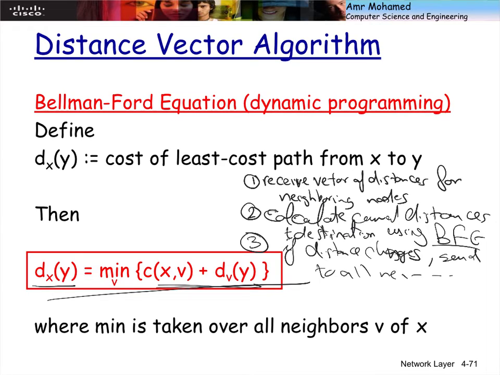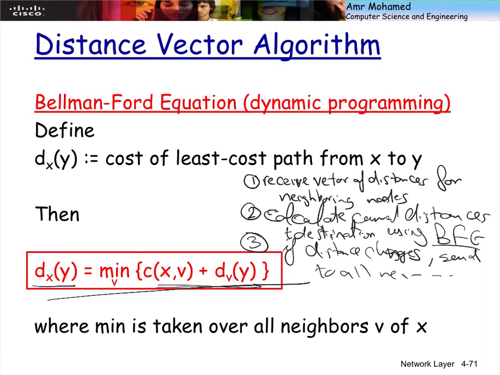If that distance changes, it means my routing table will have a change. Okay, so I need to change my routing table. Once I change my routing table, this means that I have to get the new partial view that I have and send it to all the neighboring nodes. Okay?